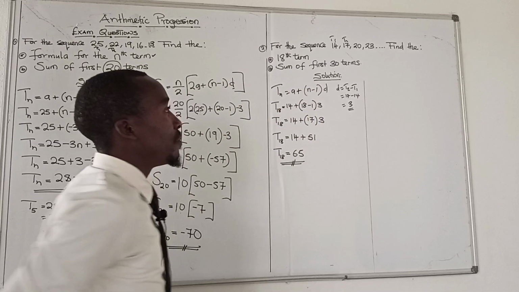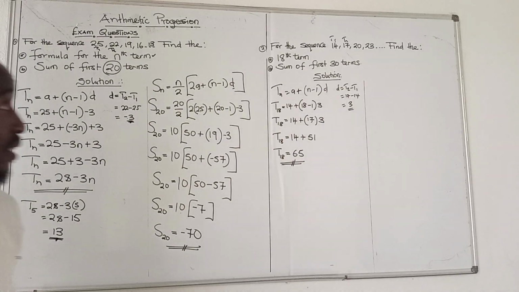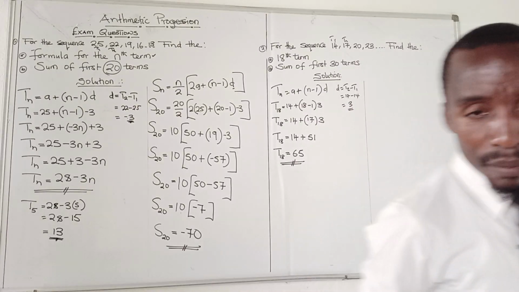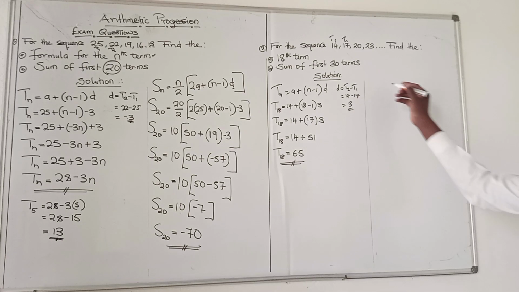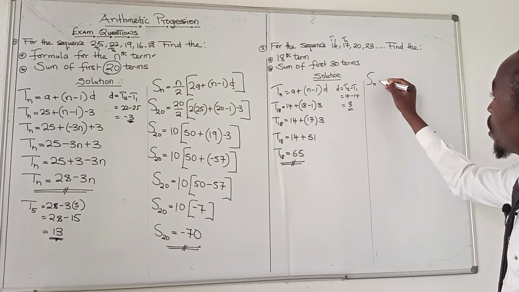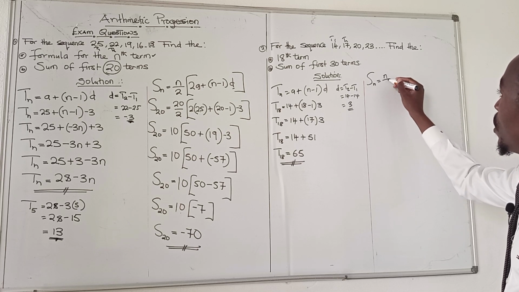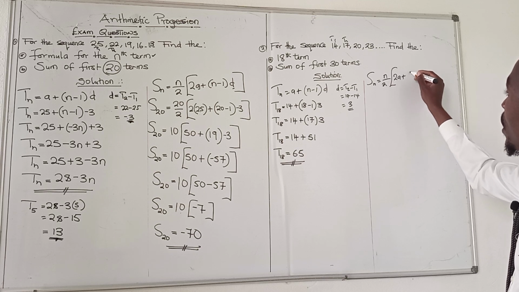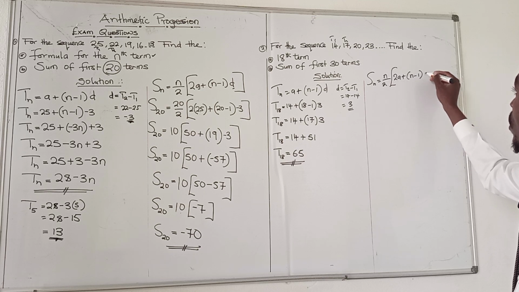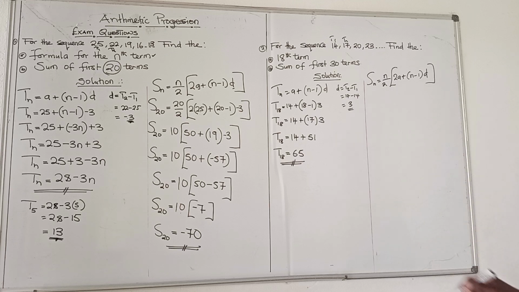The last question. We're finding the sum of the first 30 terms. Now, how do we work that out? We use the formula for finding the sum. So we say Sn is equal to n divided by 2, brackets 2a plus n minus 1, and then d there.